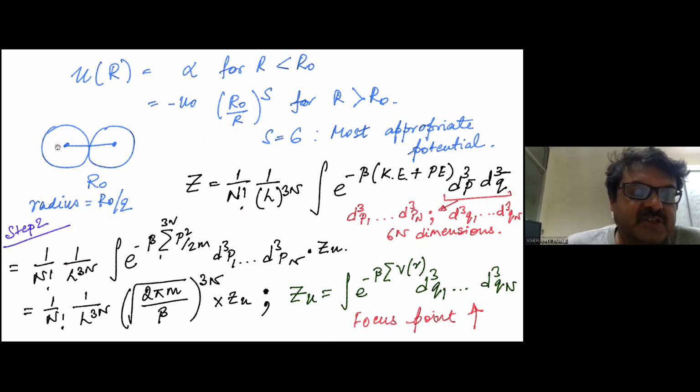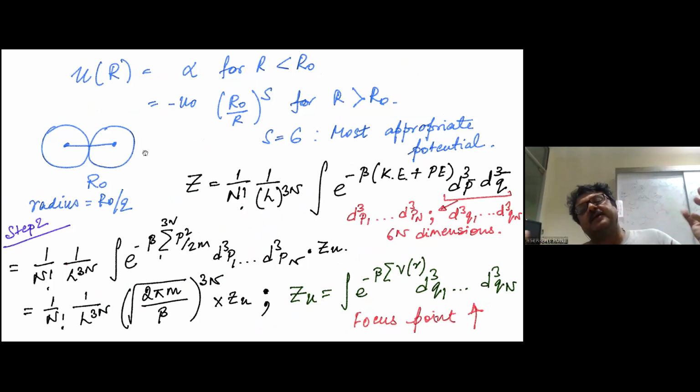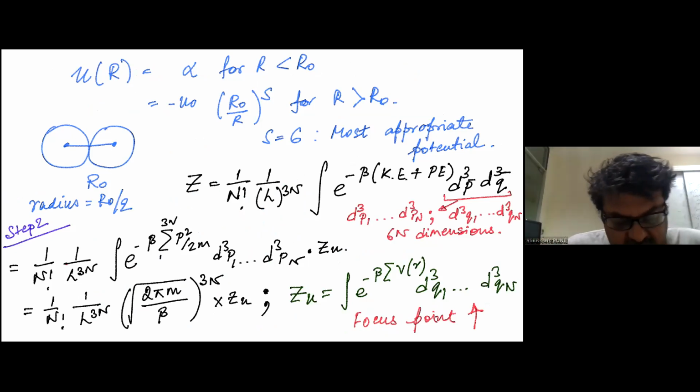Right, so this is the picture. These are two particles. The distance between centers is R0. When the distance between particles is less than R0, it has infinite repulsion, and beyond that there is a sharply decaying attractive potential. And beyond a certain distance, it goes very close to 0 because it's r to the power 6, with small r sitting in the denominator.